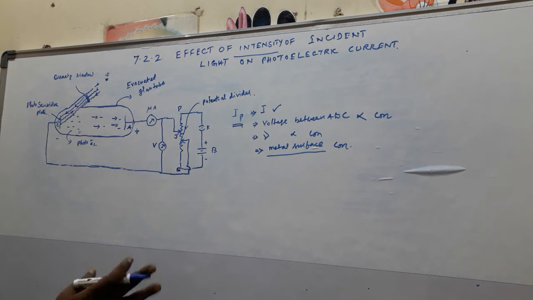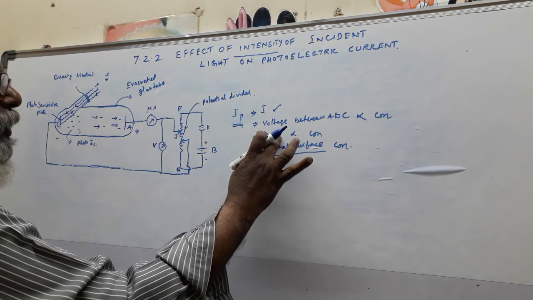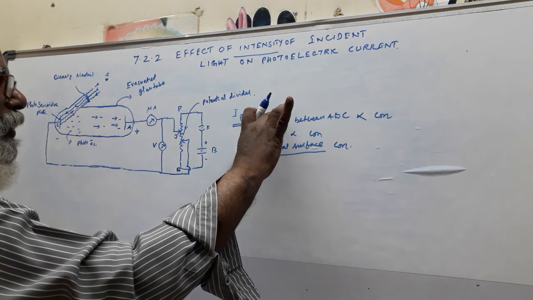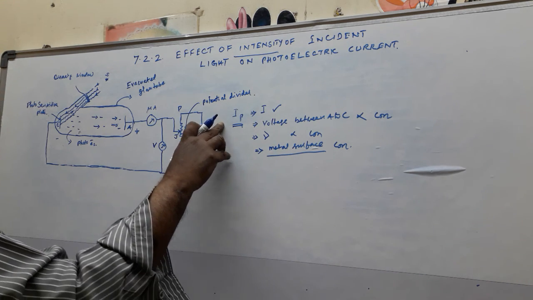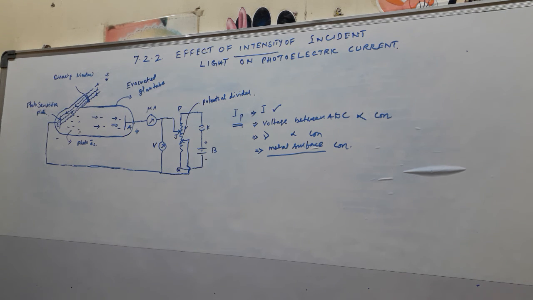So we keep these two constant, and we vary the intensity of the incident rays, and correspondingly the photoelectric current IP also varies.